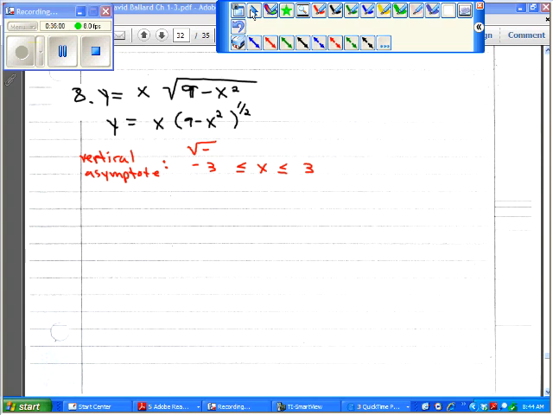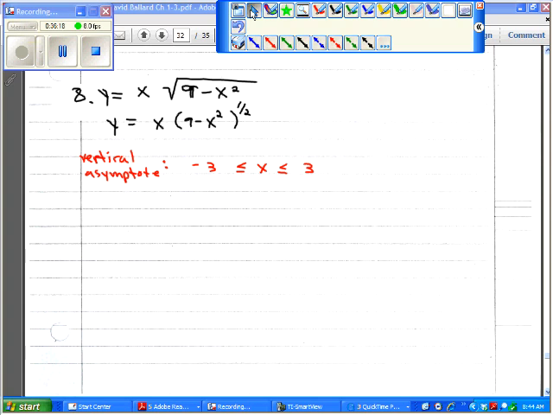Now, that doesn't tell me there's a vertical asymptote, it just tells me the graph kind of dead ends, right? It's not going to go past there because I will get the square root of a negative, which is an imaginary number. So this really isn't a vertical asymptote, it's a limit to my domain.